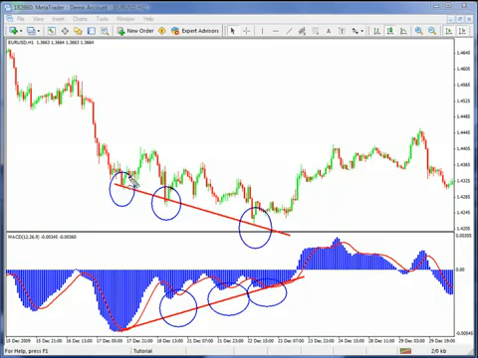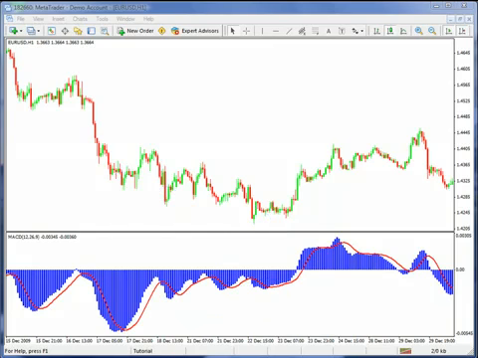So there is in actual fact a change in how the histogram is reacting to the actual trend. It's not following the trend in this particular example, it's going against the trend. If we look at this point, this point, and this point, here we can see lower low points, and here we can see higher high points. So we've got a divergence in the market.